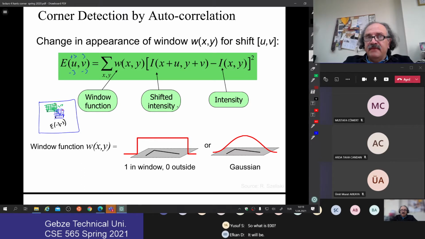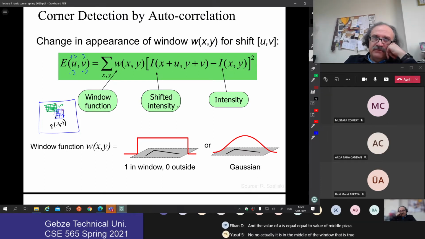E00 is equal to E00, is not E0. E00 is in the middle of the window, and it is equal to the value of the middle pixel. No, actually it is in the middle of the window, that's true, but what is the value? How do you calculate E00?